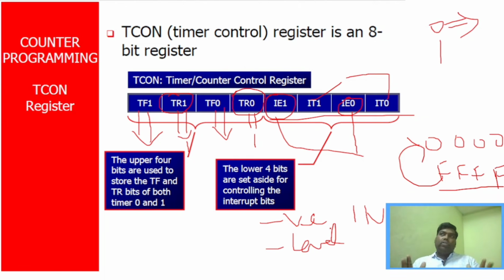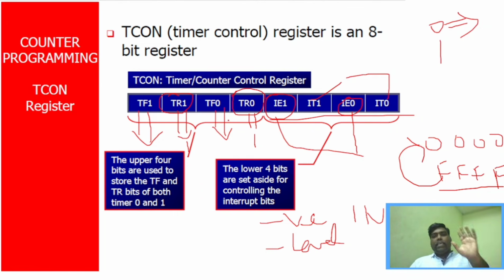So don't get confused. All you have to understand now is why we use the TCON register. The TCON register tells you which timer is working and how to configure that timer, that is, which timer is working, TR1 or TR0, and which overflow is happening, timer 0 overflow flag or timer 1 overflow flag.